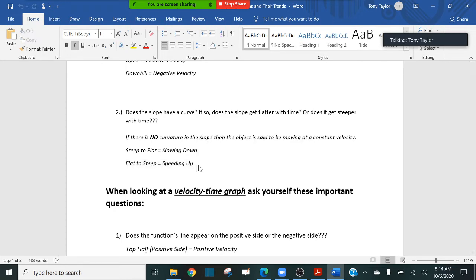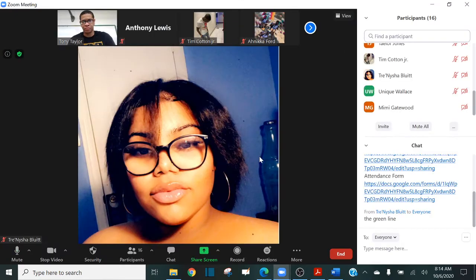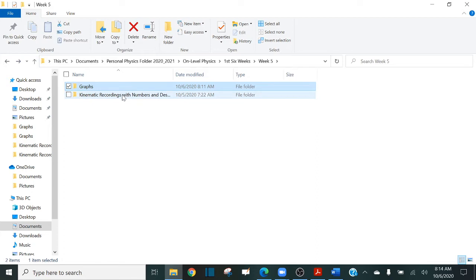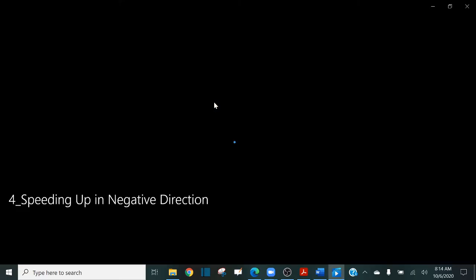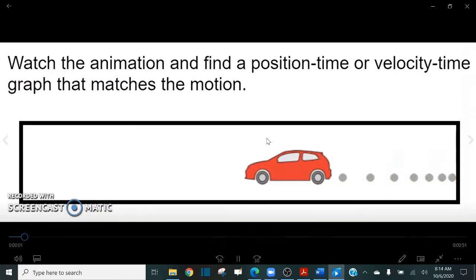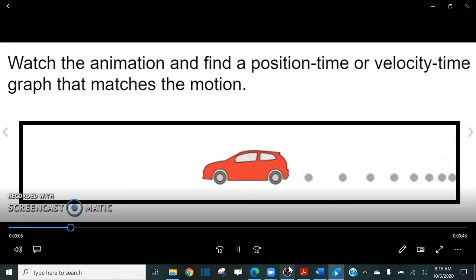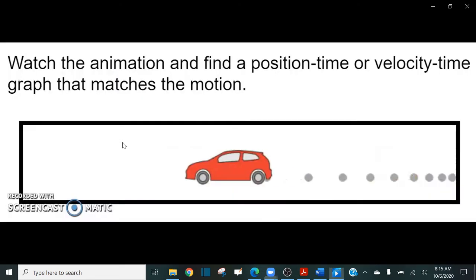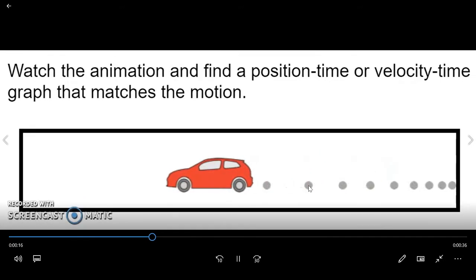And in just a moment, we're going to see a specific example of what I'm talking about here. So as I share my screen here with you guys, here we have a motion map.